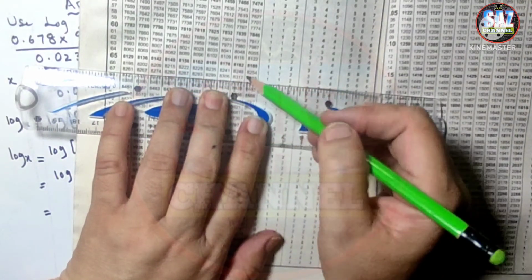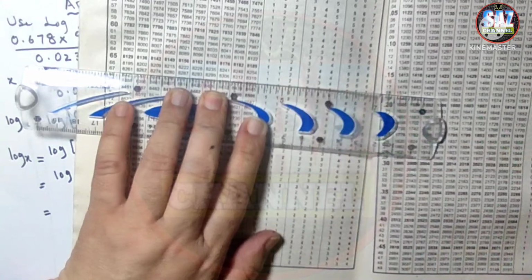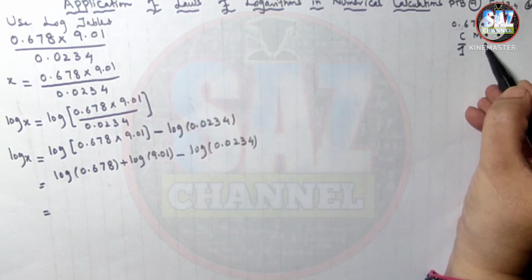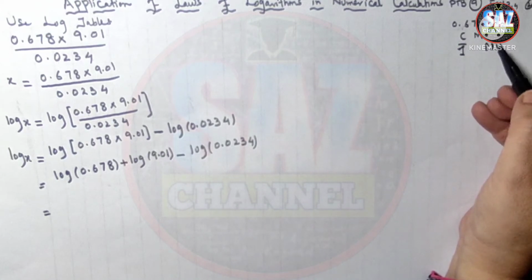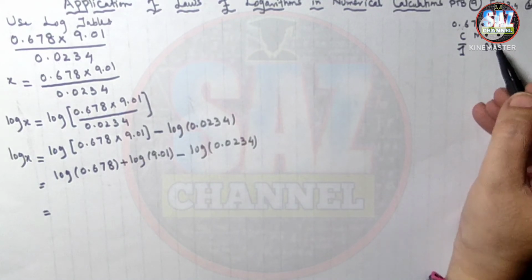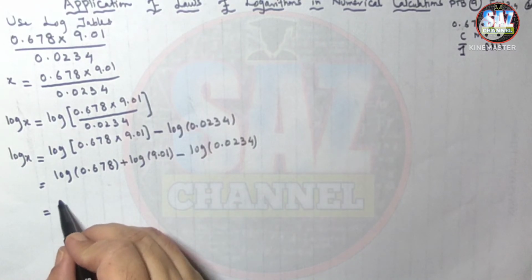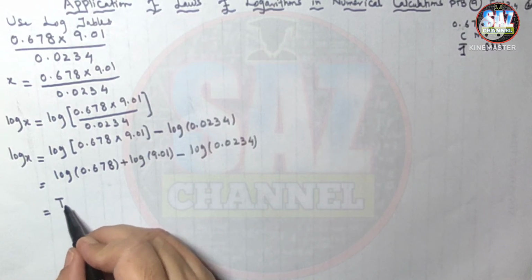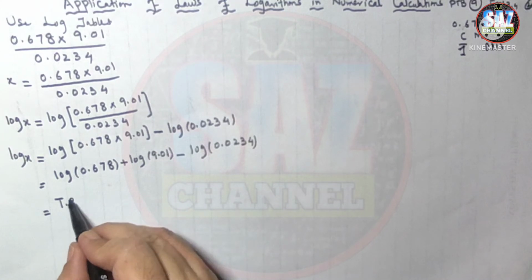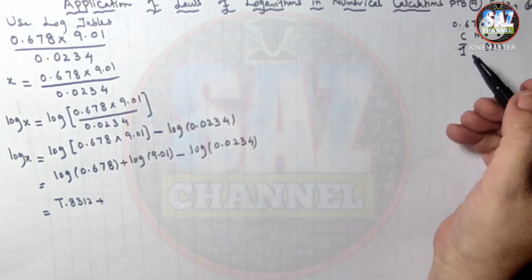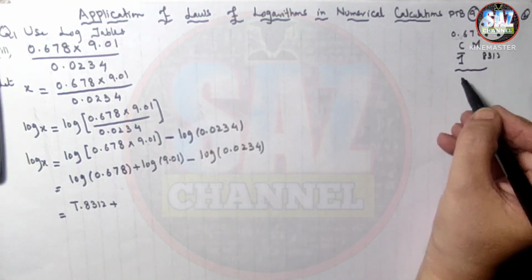So I have to write 8312. So it means that the log of this number 0.678, let me record the answer, is -1.8312, and moving to the second number, that is log of 9.01.